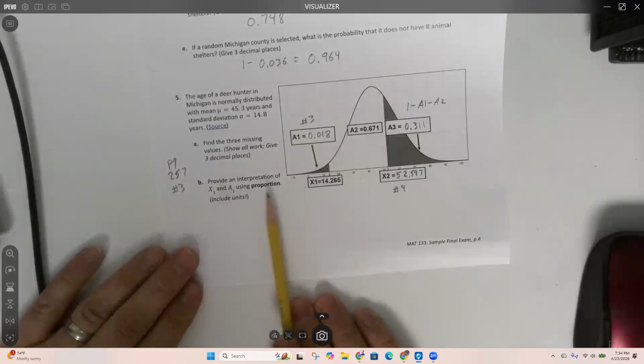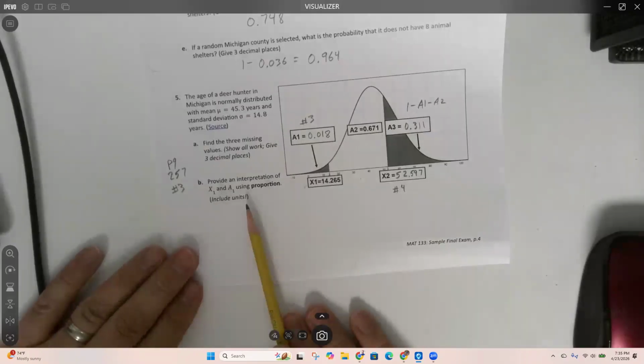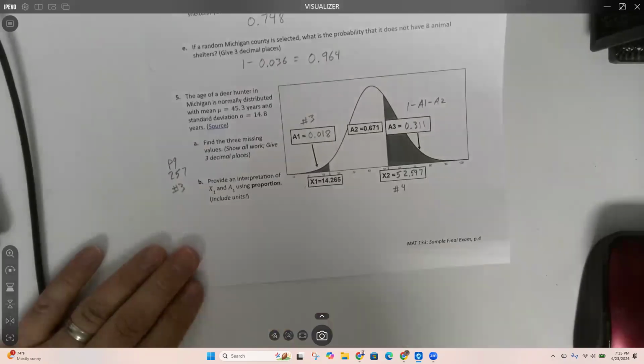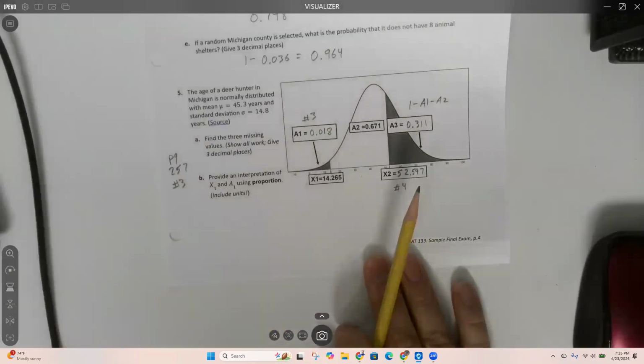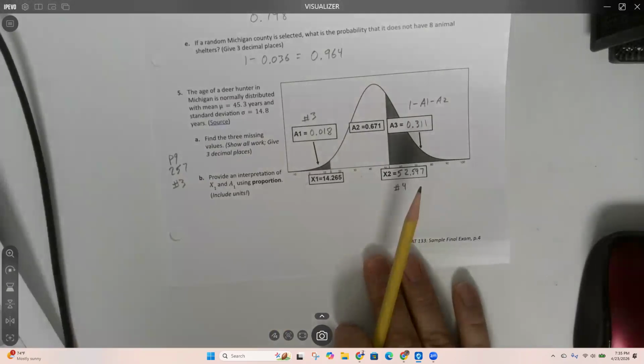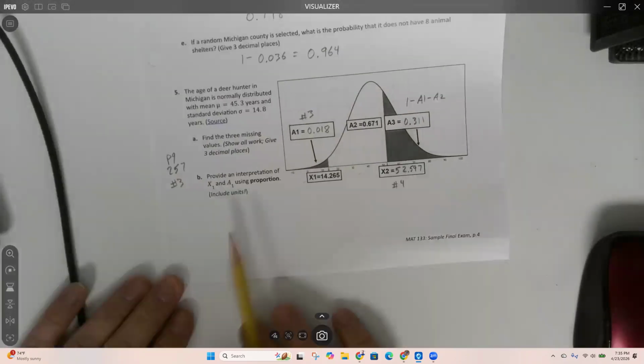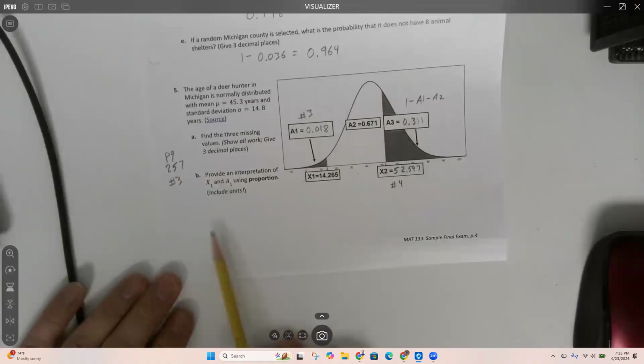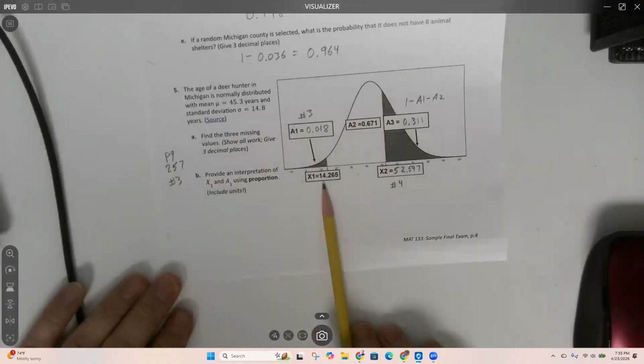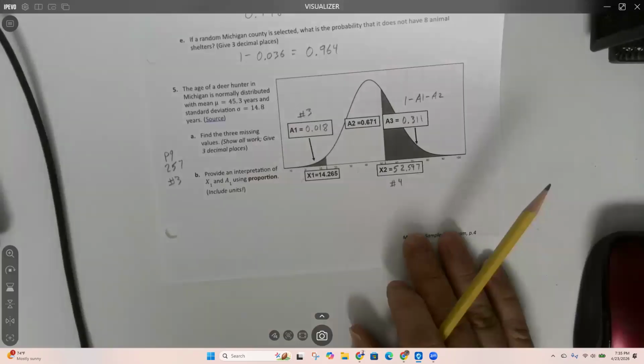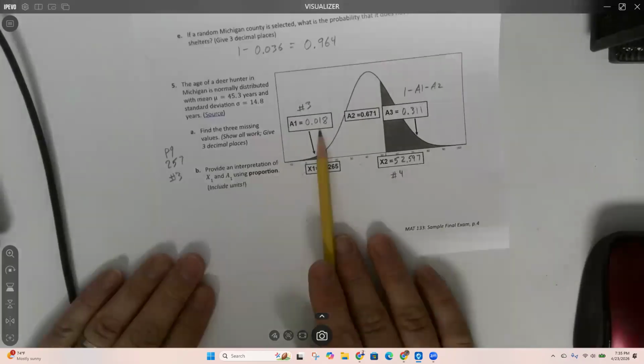Provide an interpretation of X1 and A1 using proportion. So there were two interpretations. One was proportion, one was for probability. One of them went, 1% of blah blah blah is less than 14. The other one was, if a random thing was chosen, then the probability that it's less than 14 is 0.018.